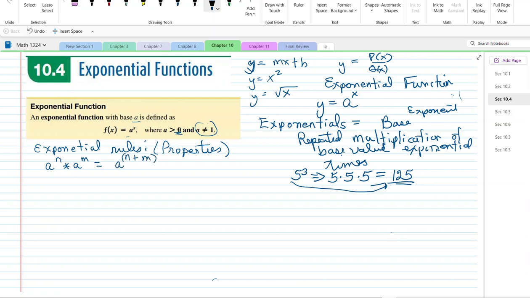So this is called the product rule. And then we have this guy: a to some exponent divided by the same base to another exponent is equal to a to the n minus m. Logical, right? To multiply, we add. To divide, we subtract. And this is called the quotient rule.